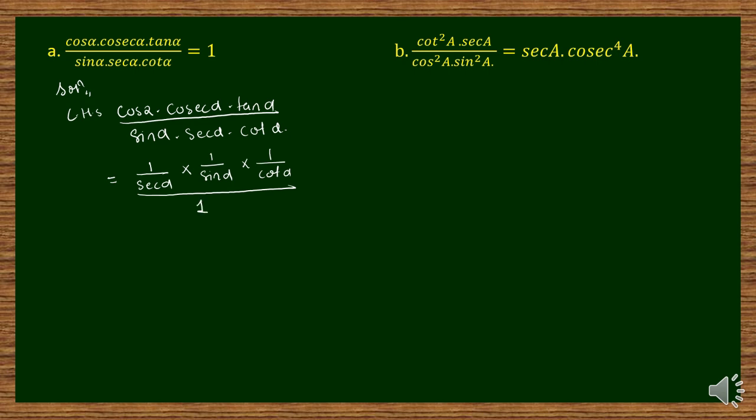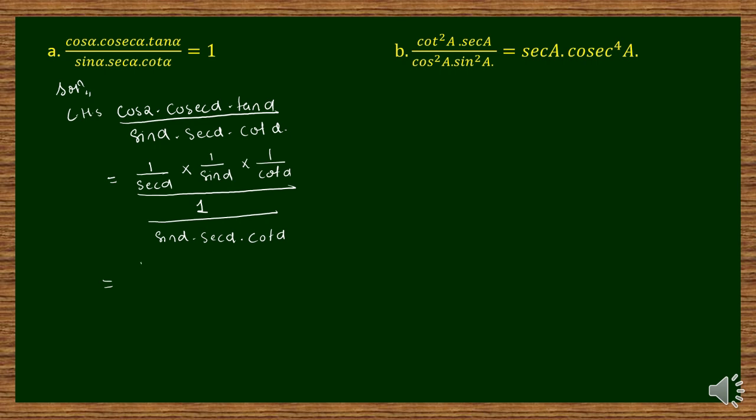So again we'll be writing here 1 divided by sin alpha, sec alpha and cot alpha. So we can see this sec alpha and this sec alpha get cancelled.